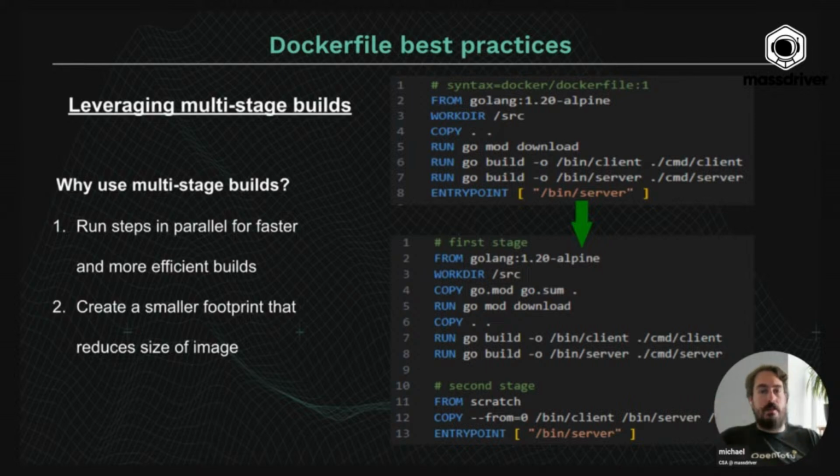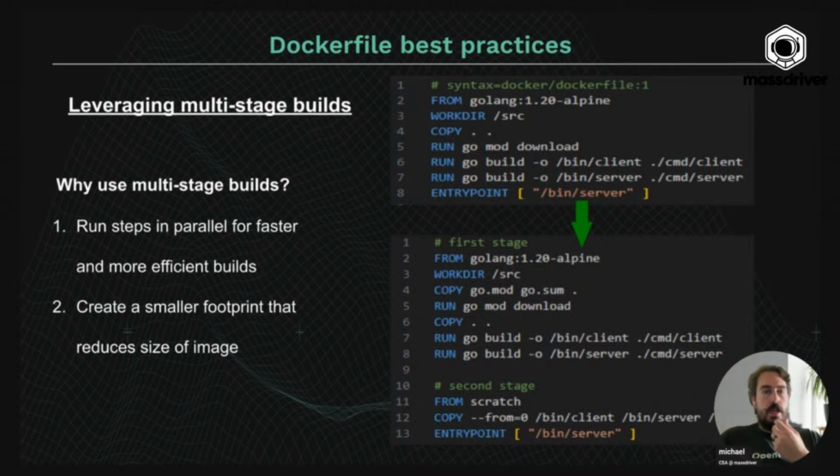And then the second benefit is a smaller final image. So multi-stage builds help you create a final image with a smaller footprint, containing only the necessary components to run your container. Let's walk through how we can reduce the image size by modifying our earlier Dockerfile.